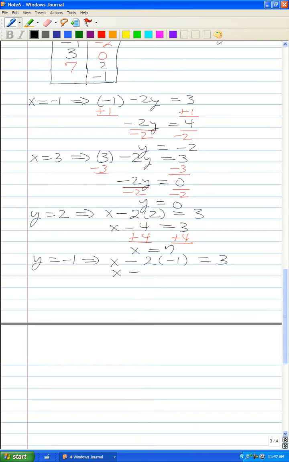So x plus 2 equals 3. Subtract 2 from both sides. So x is equal to 1. And so I have completed the table of values. Okay, good.